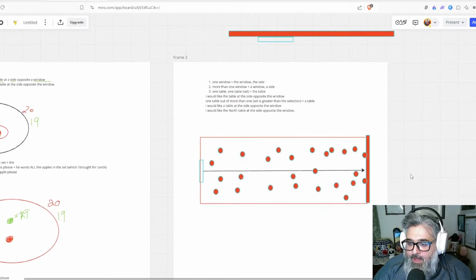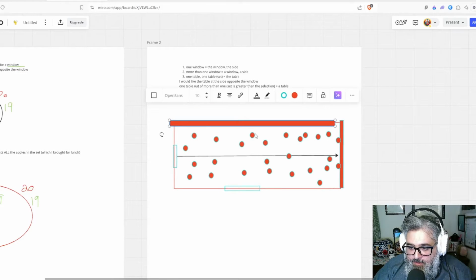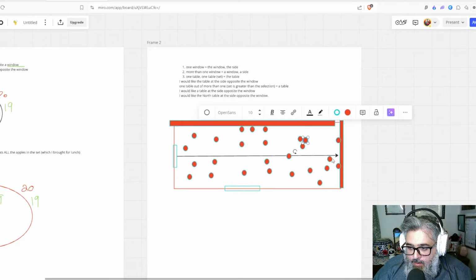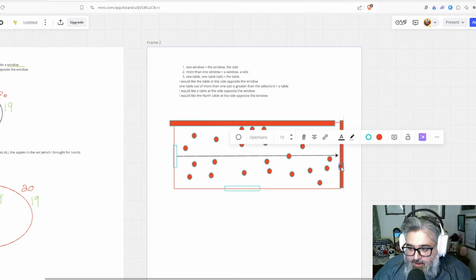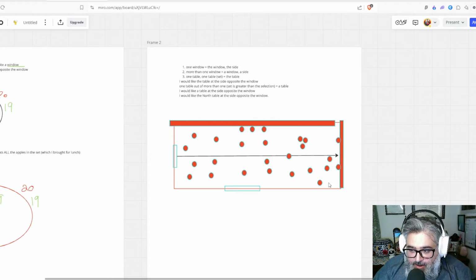Now let's bring back the scenario of more than one windows, more than one sides, right? There's three tables this side, two tables this side again. If he doesn't care which window, which side, right? He doesn't want the entire set.